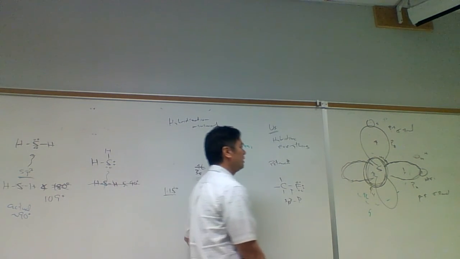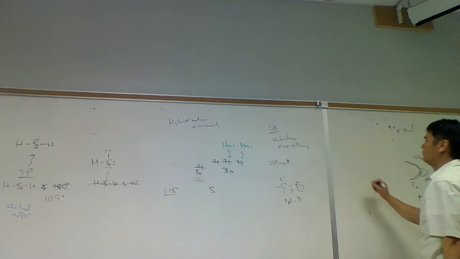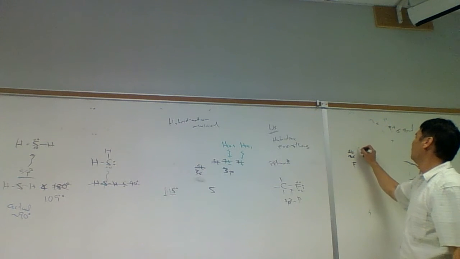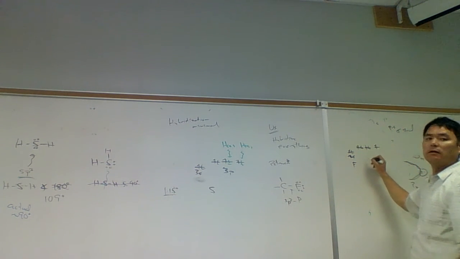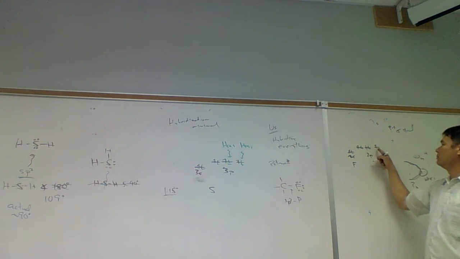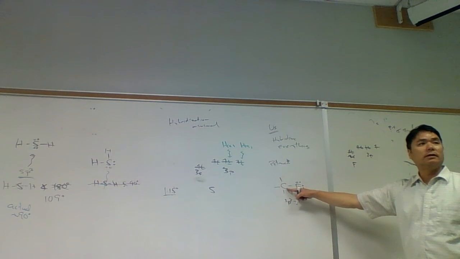If he leaves the fluorine unhybridized, it's going to look like this: 2s with a lone pair, and then the 2p. So here's the p, and so he says a p, sp3 sigma.